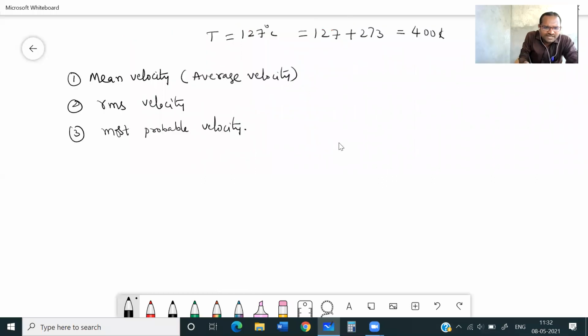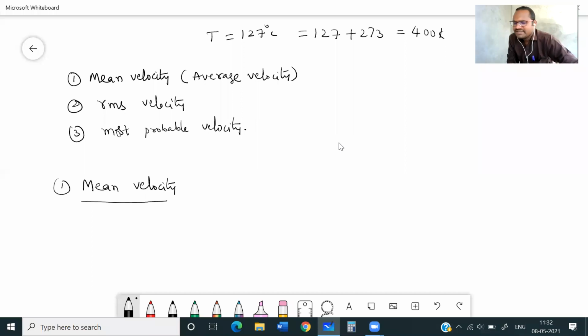First, mean velocity. What is mean velocity? Average velocity, and we will indicate this with the letter V average, with a bar. Let us suppose there are gas molecules moving with velocities V1, V2, V3, and so on, Vn.